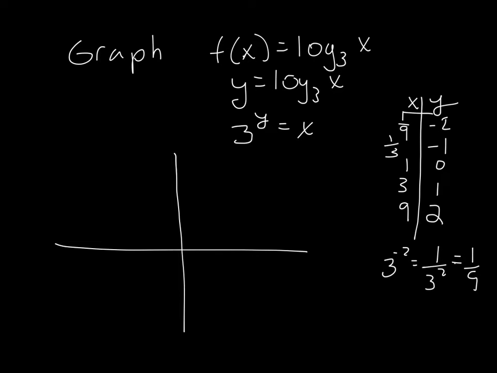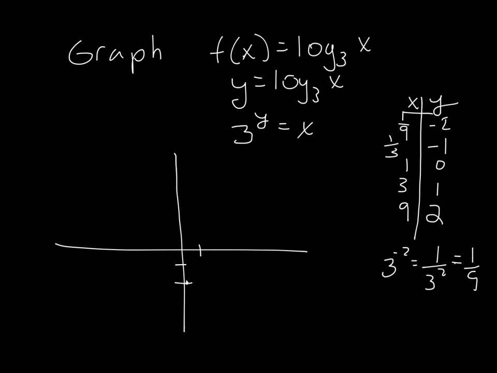Here comes the graph. All I'm going to do now is plot these points right here. I'm kind of done with all this. I don't need to look at it anymore. I've got my values. This should be enough to see what this graph looks like. So 1/9, negative 2, is going to be right in here.